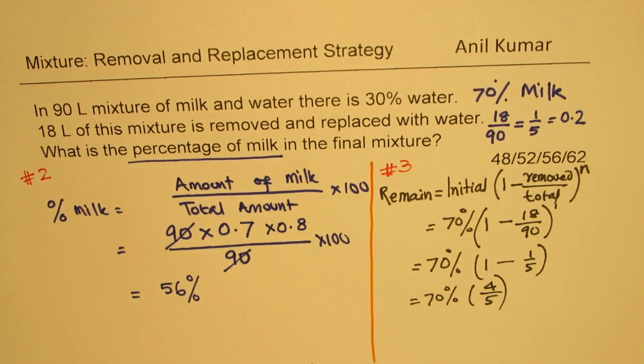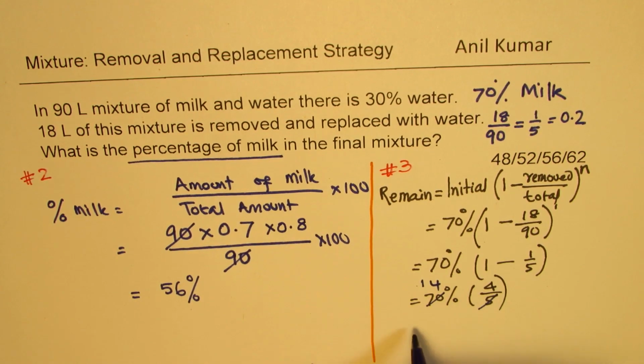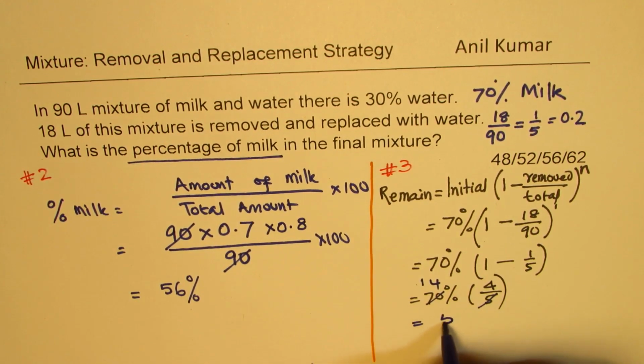Now this can be calculated very easily. Dividing by 5 is not a problem at all. 5 times 14 is 70, and 5 times 4, which is 20. And when you multiply 14 by 4, you get 56%. Is that clear to you?